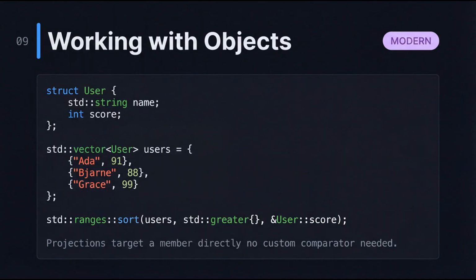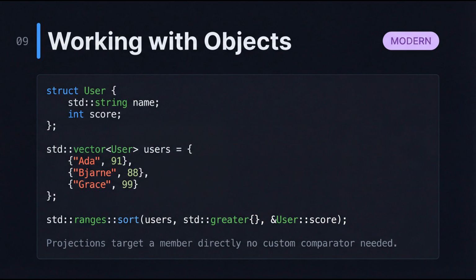Real programs don't sort plain integers. They sort objects. Here we have a user struct with a name and a score. We want to sort users by score in descending order. With ranges, this is one line: std::ranges::sort(users, std::greater, &User::score).